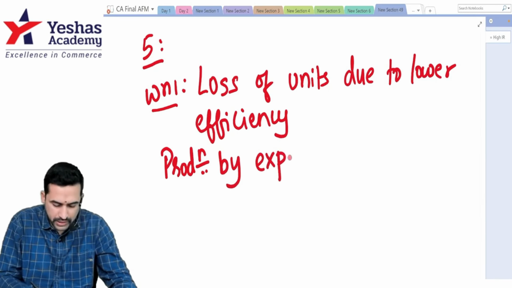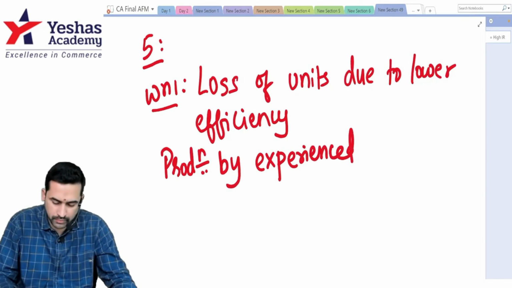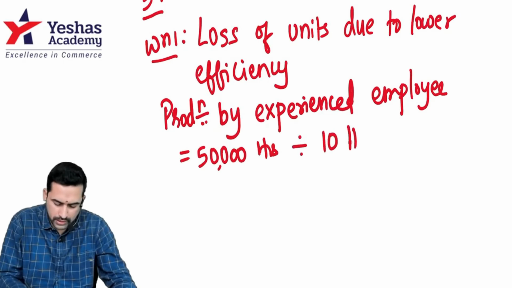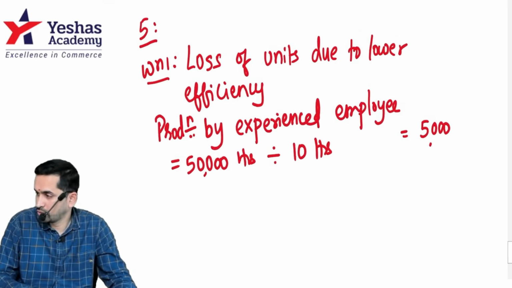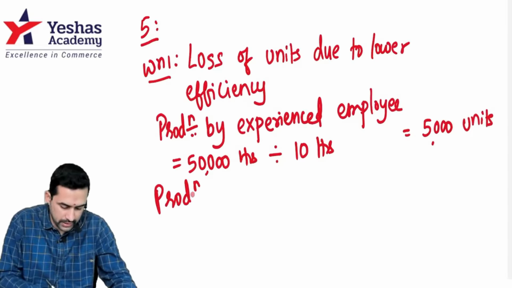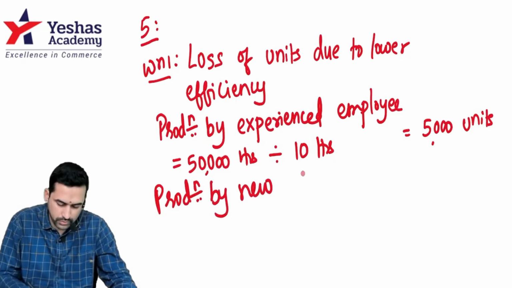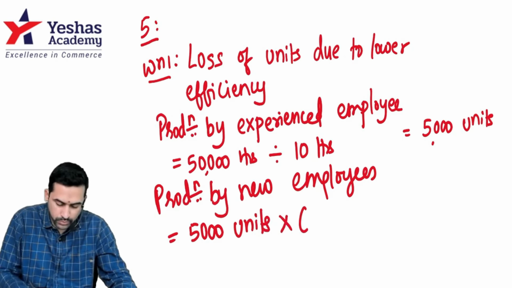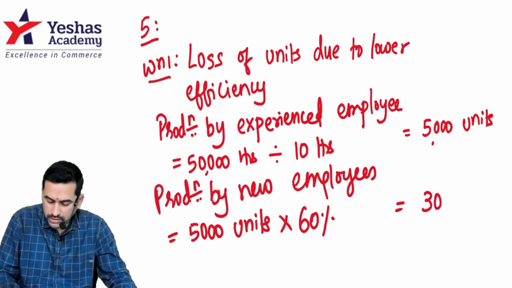Production by experienced employees is equal to 50,000 hours divided by 10 hours, 5,000 units. Next line. Production by new employees, 5,000 units into 60%.